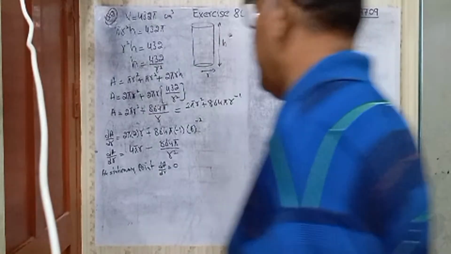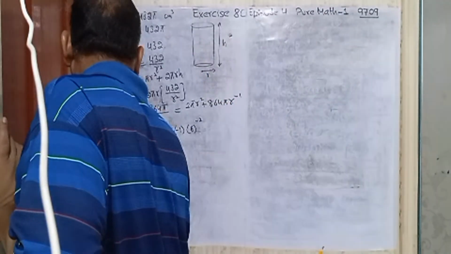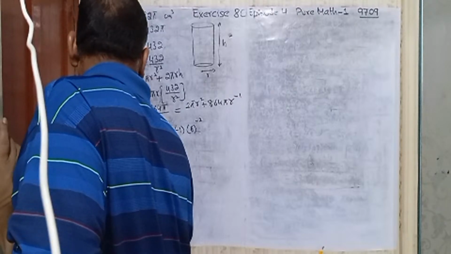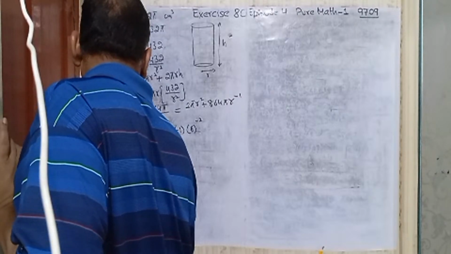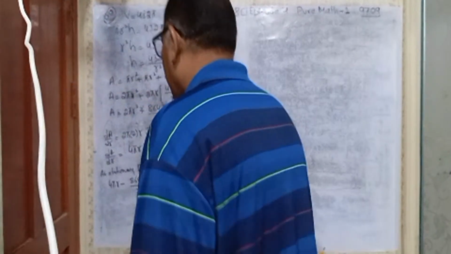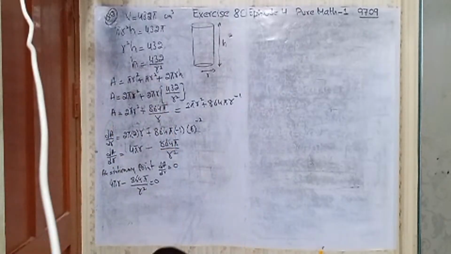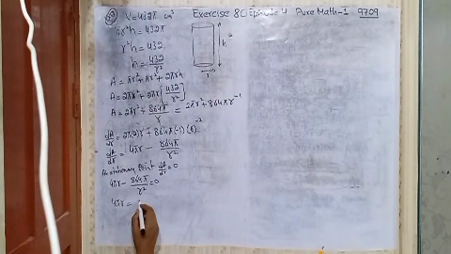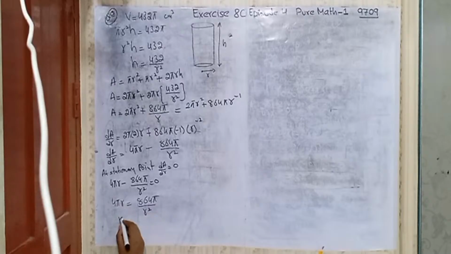So you will have 4 pi r minus 864 pi divided by r square equals 0. Okay, so what I can do now is, this will become 4 pi r equals 864 pi divided by r square. Take this r square here. r cube is equal to, pi gone, so 4 2s are 8, 4 1s are 4, and 4 6s are 24.